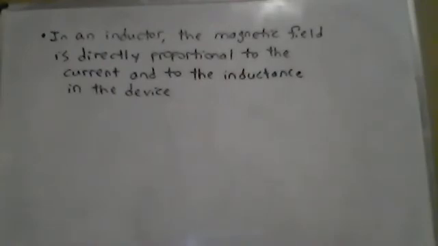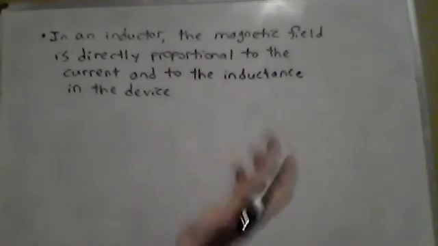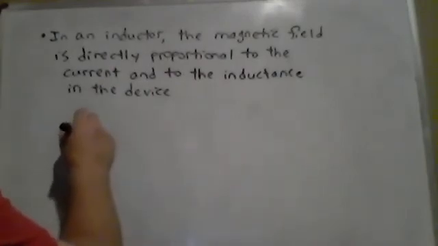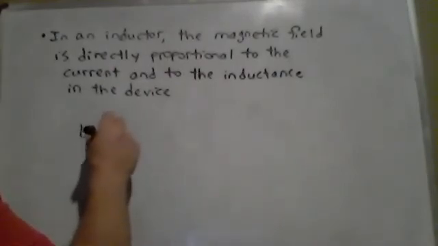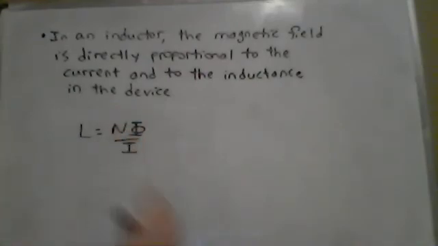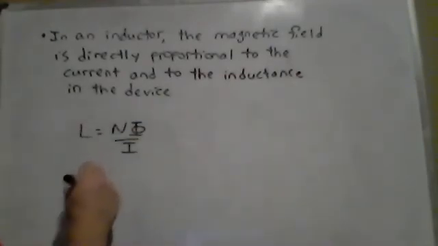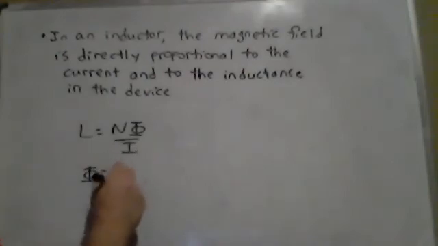All right, so again, B is mu naught N i. And we know that any inductor is going to be that L is capital N phi over I, all right? And of course, we know what phi is, right? Phi is BA.